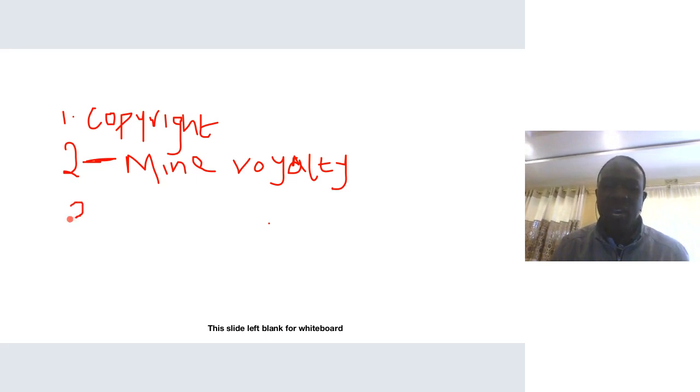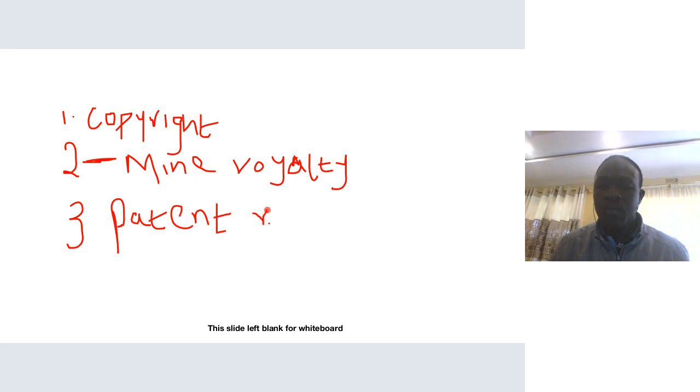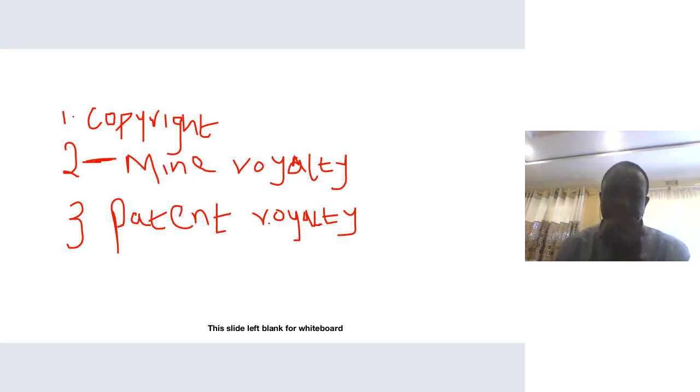Number 3, we have patent royalty. Now for the patent royalty, it is paid by the lessee to the lessor or the tenant.